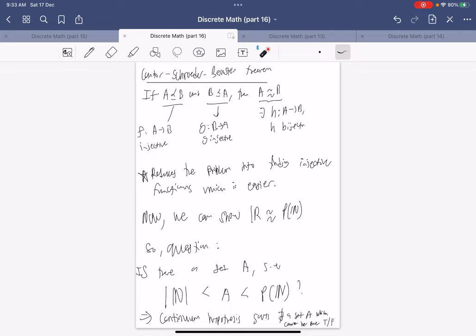But this poses a question, a very intricate and very nice question to think about: whether there is any set in between n and the power set of n. Since you already know n is strictly less than P(n), is there any set in between them?